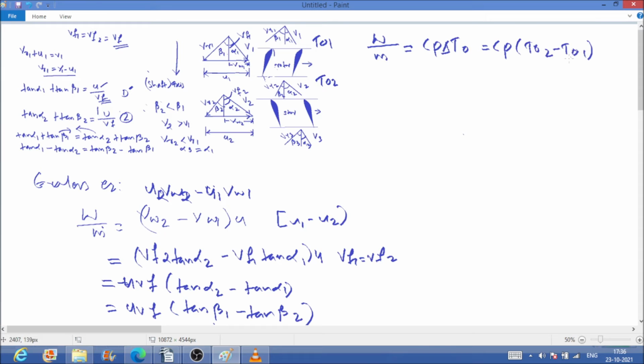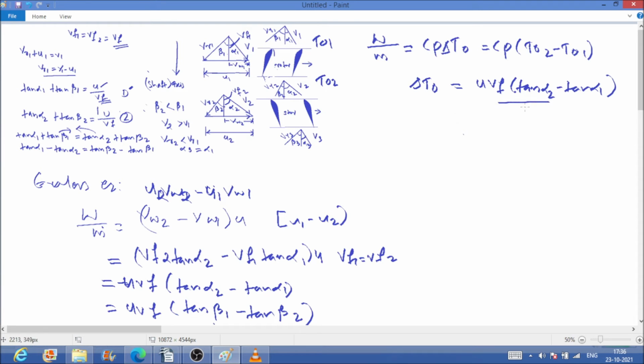We have already seen that in the case of the centrifugal compressor also. Now this delta T0 is equal to the Euler's work done, that is u Vf (tan alpha 2 minus tan alpha 1).